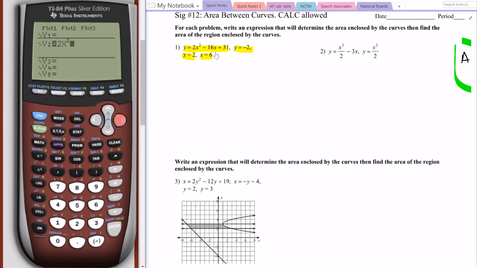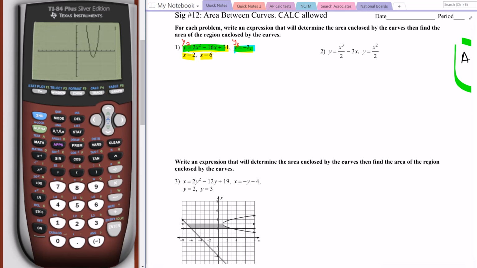I'll use y2 and y3. Y2 is -2 in this case. These are my two functions here, this one and this one. In my calculator, I put this as y2, and this one's y3. All right, so let's see what these graphs look like.